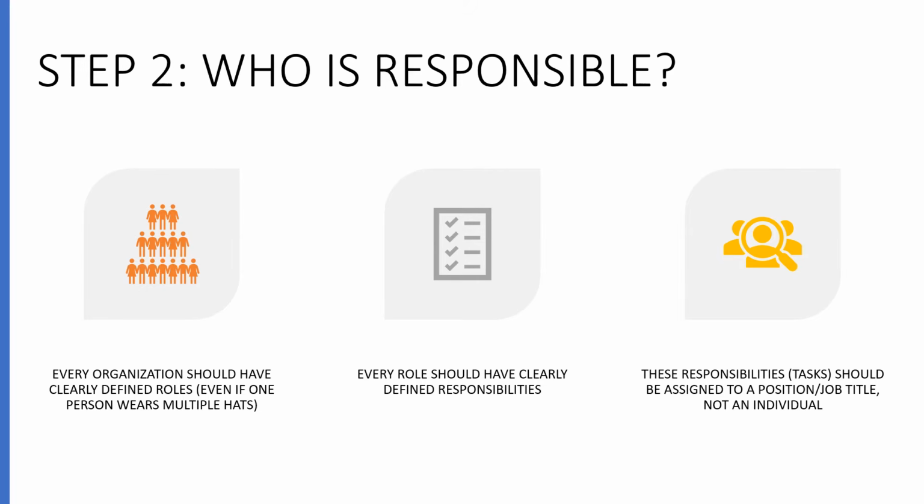So every role should have clearly defined responsibilities, and these responsibilities need to be attached to the role, not an individual. Meaning, if Mary is the person that handles your payroll, your bookkeeping, and answers the phones, those are three different roles that she has.